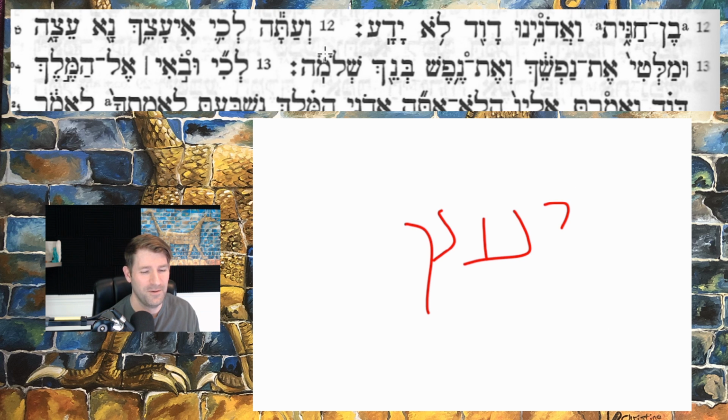Okay. So the aleph, of course, I can't put a line under that to underline that aleph because it'll look like a patach. But this aleph, of course, is the first common singular imperfect form. This is a cohortative. So let me, there are going to be lots of these.